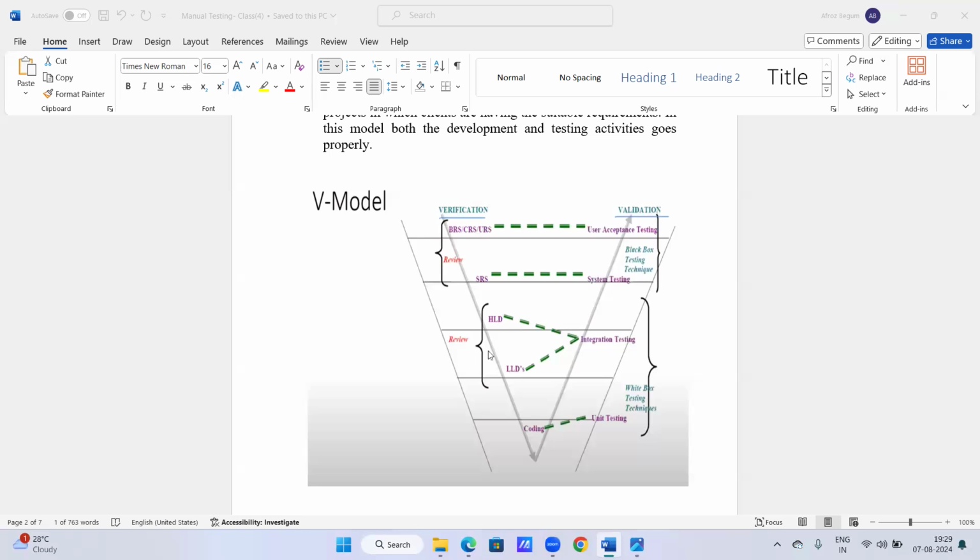In the second and third phases, there are SRS documents and HLD and LLD documents. These are all documents, right? In these documents also, we conduct some testing, and what type of testing? That is also review. We conduct reviews on the documents to check whether they are complete and correct. So these phases include testing in the form of reviews. We are testing the documents in the form of review.